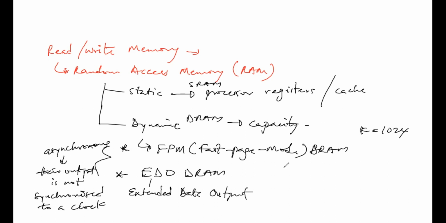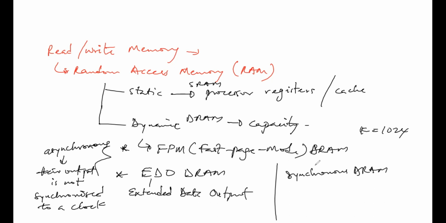Then we now have the synchronous DRAM, which uses an external clock to synchronize the data output. Synchronization reduces delay and improves memory performance. The SDRAM is also called single data rate SDRAM, as it supplies data once per memory cycle.